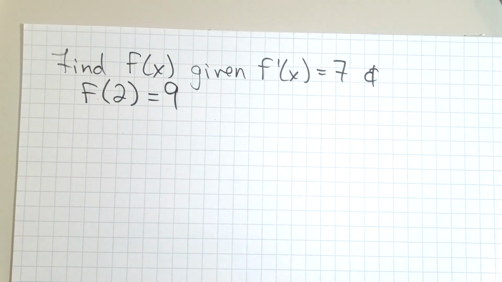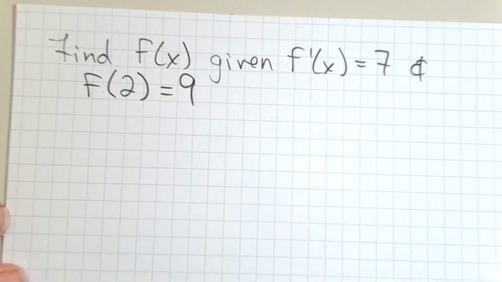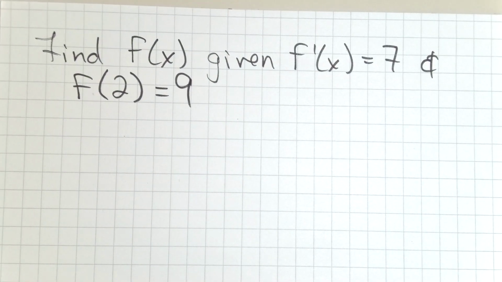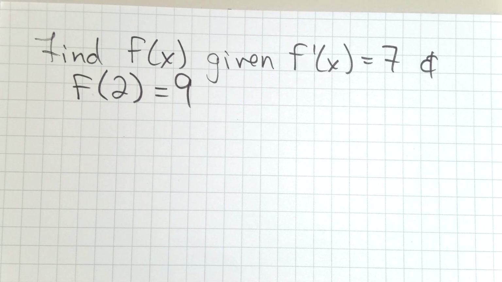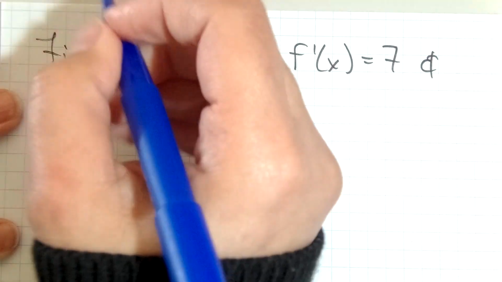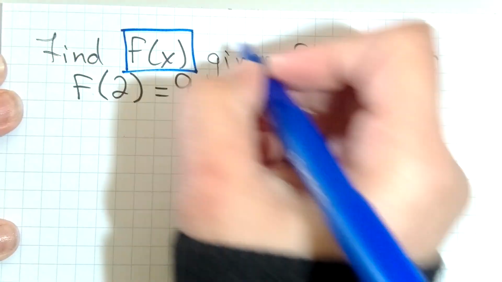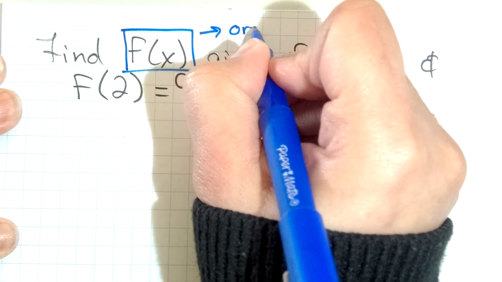Okay, good. Thank you. So this is what the problems are going to look like when you have to solve for C. It's not going to just say find the antiderivative. It's not going to say integrate. It's going to specifically tell you to find the function, to find the equation. So here it's telling me to find f of x. This is the original function.